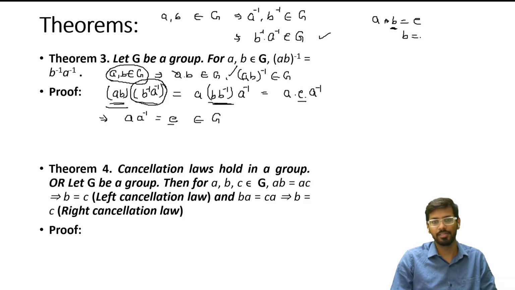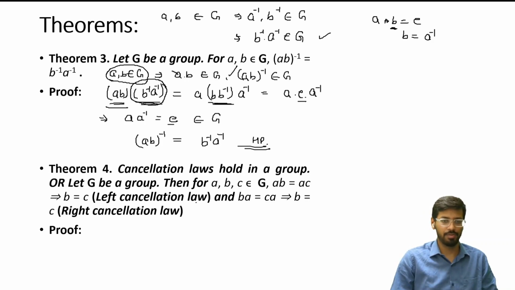Okay. Here B is the inverse element of A. Similarly, this B inverse A inverse is the inverse element of AB. So we can say AB का inverse element होगा B inverse A inverse. Okay, hence proof.